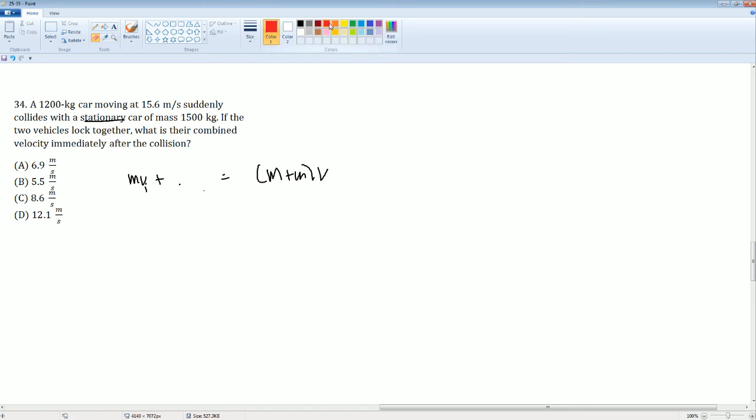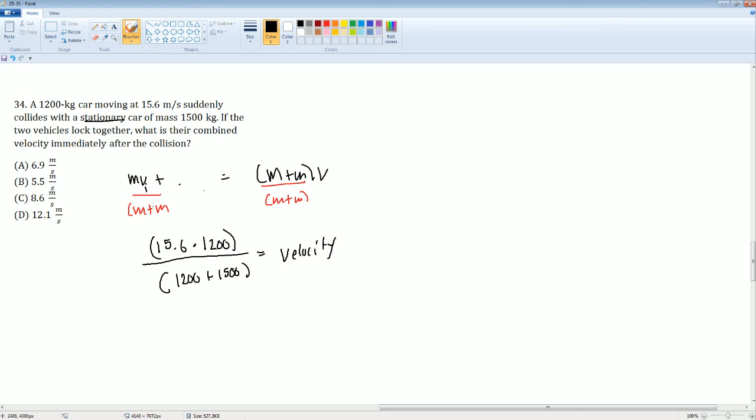Now you can just divide this by m plus m. So what do we have here? We have the first one, which is 15.6 times that, divided by 1200 plus 1500. That's going to be equal to its velocity. Doing that work, the answer should be 6.9.